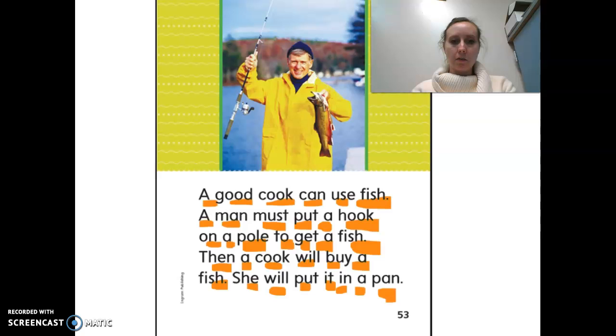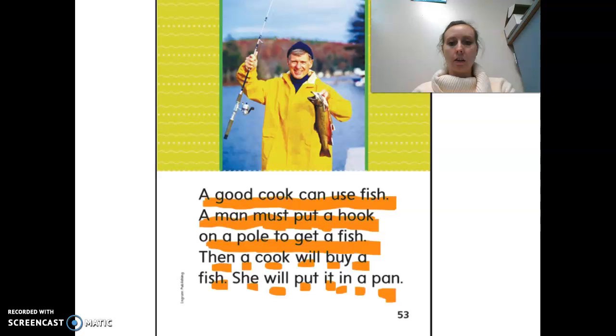Ready, begin. A good cook can use fish. A man must put a hook on a pole to get a fish. Then a cook will buy a fish. She will put it in a pan.